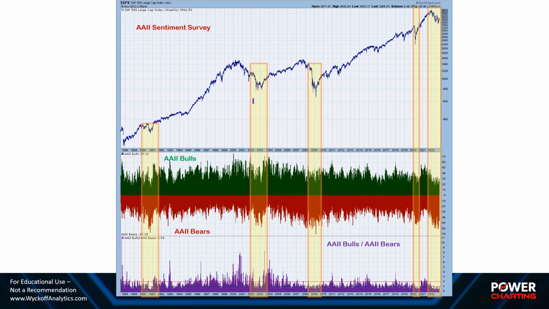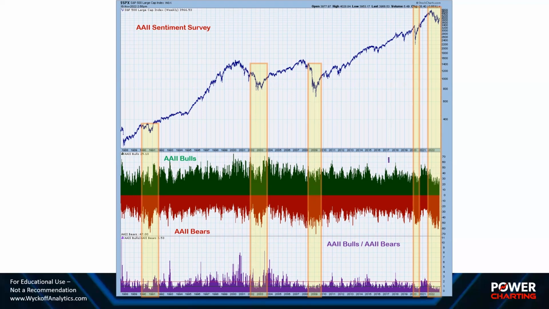Here is 2002-3, which is the end of the great dot-com collapse. Here is the Great Recession period. Here is the COVID, and here is the current 2022 bear market. And in each case, you can see how deep the valleys have become.